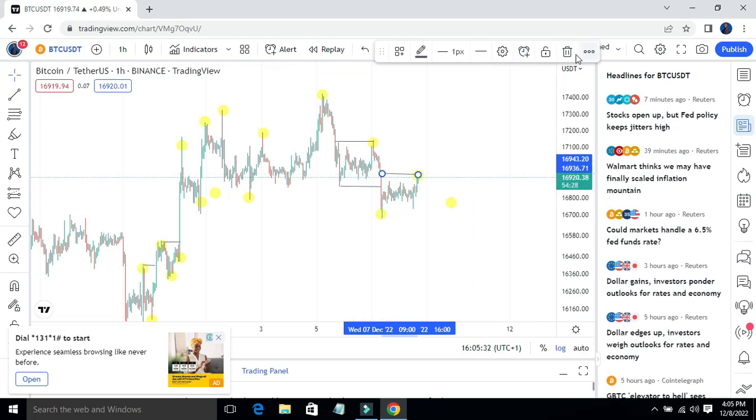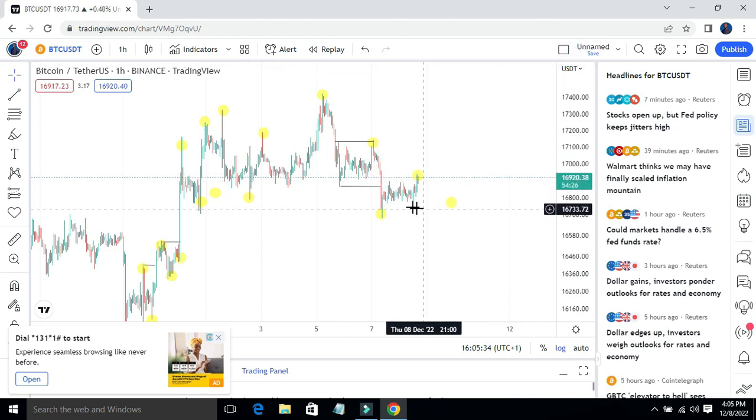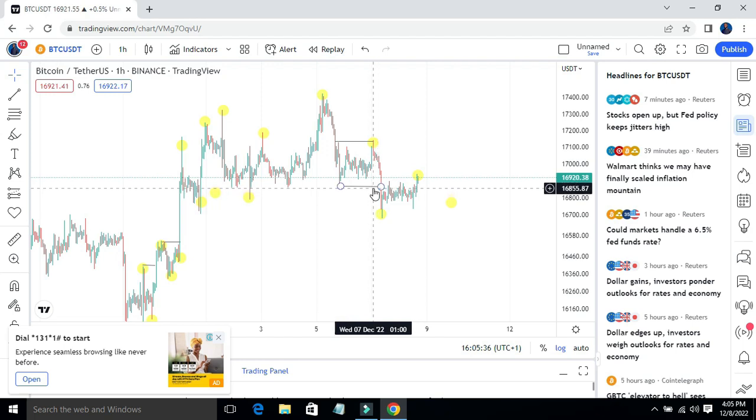The break of structure stays in a downtrend. The break of structure stays down. So this is a break of structure.